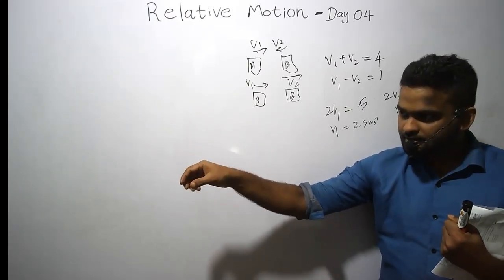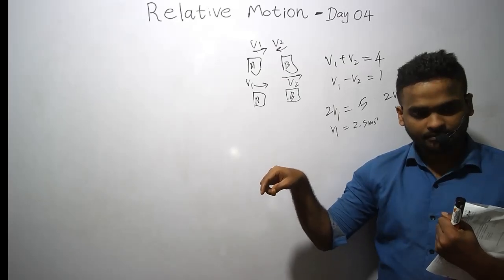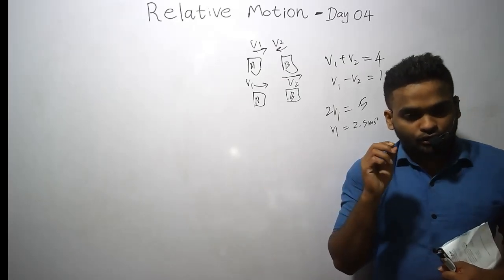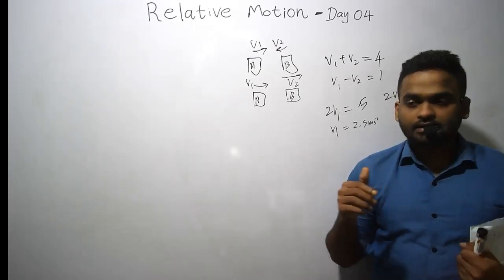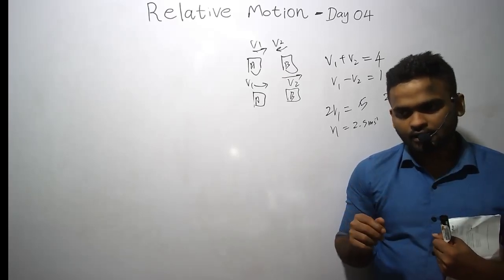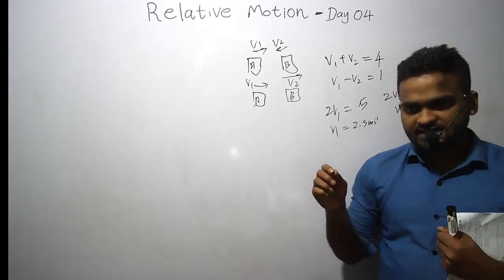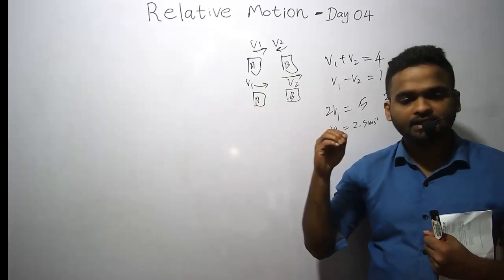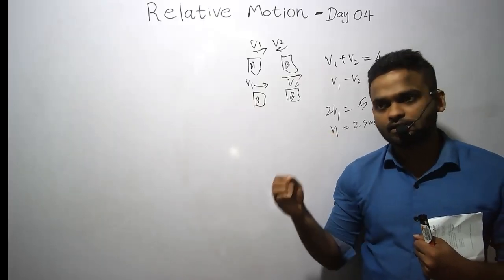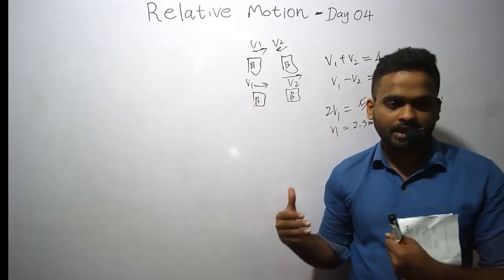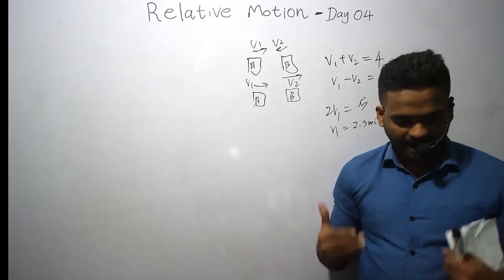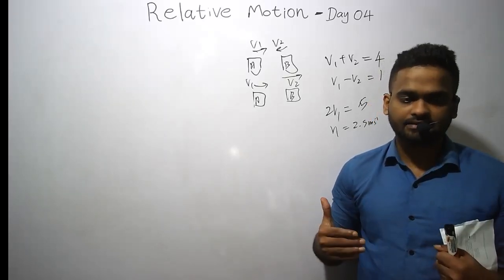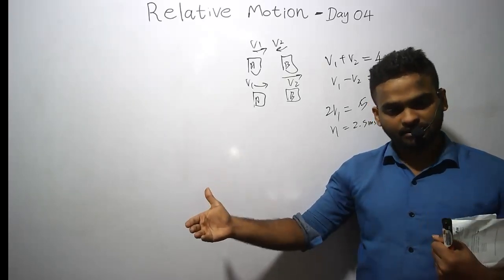Every second it is decreased by 4 meters. The meaning of that is the relative velocity between them. So that rate of change of gap can be considered as the relative velocity between two objects.